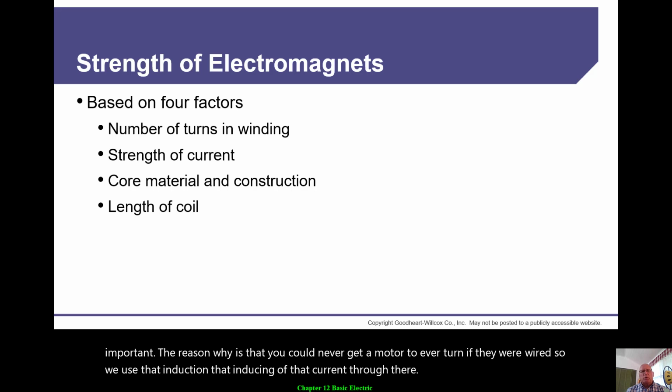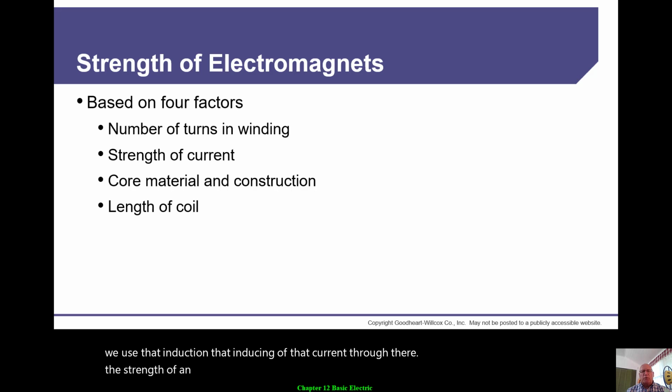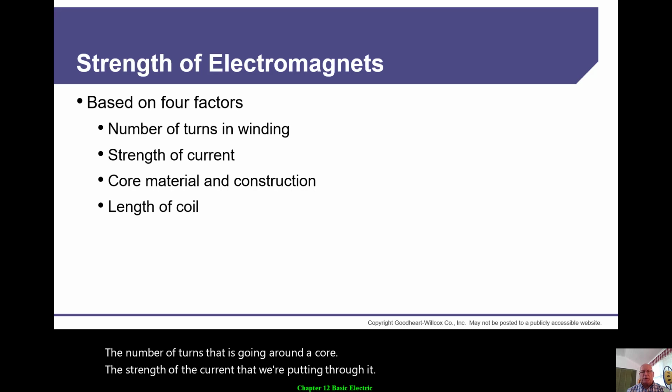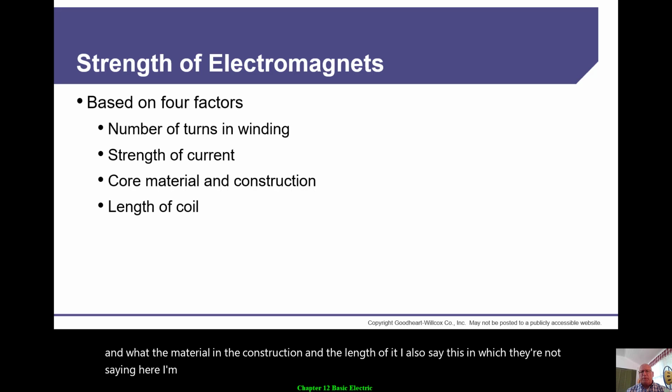The strength of an electromagnet is based on these four things: the number of turns that it's going around a core, the strength of the current that we're putting through it, and the material and the construction and the length of it. I also say this, which they're not saying here, I'm kind of surprised, it depends on the circular mill, the size of the wire.